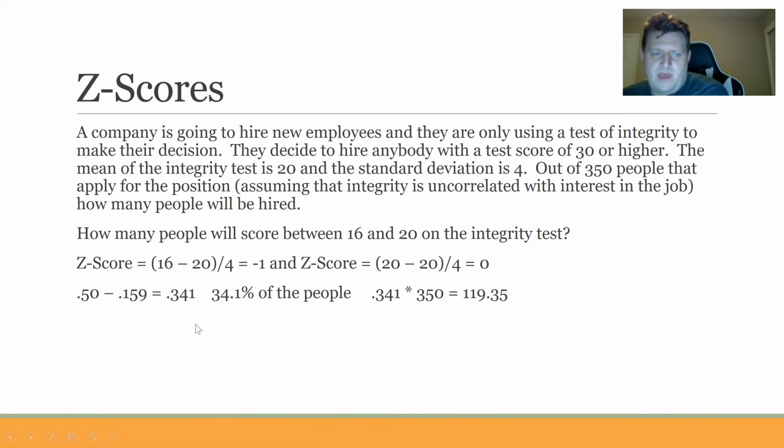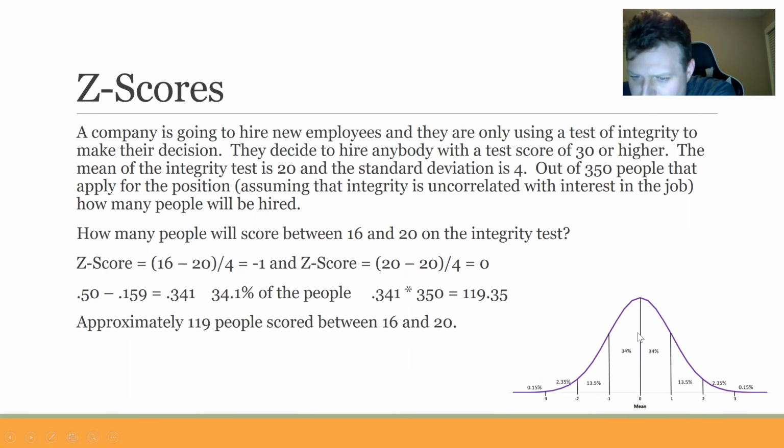I rounded it a little bit, so we have 0.50 minus 0.159. Essentially, I'm finding the percentage of people that scored less than the 0 z-score and the percentage that scored less than the -1.